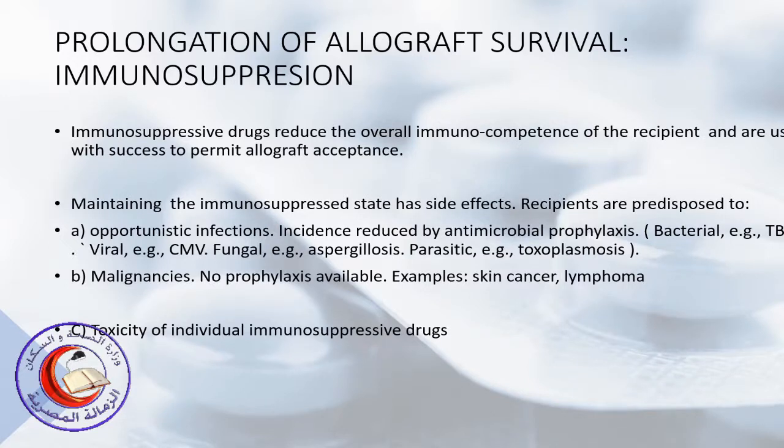Now we come to immunosuppressive drugs. Immunosuppressive drugs reduce the overall immunological competence of the recipient, and are used with success to permit allograft acceptance. However, they have general complications because of reducing the immune competence in the recipient.